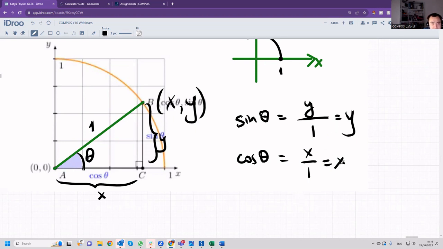So x is cos theta, and y is sine theta. So the coordinates of this point are cos theta and sine theta. I really want you to appreciate that.